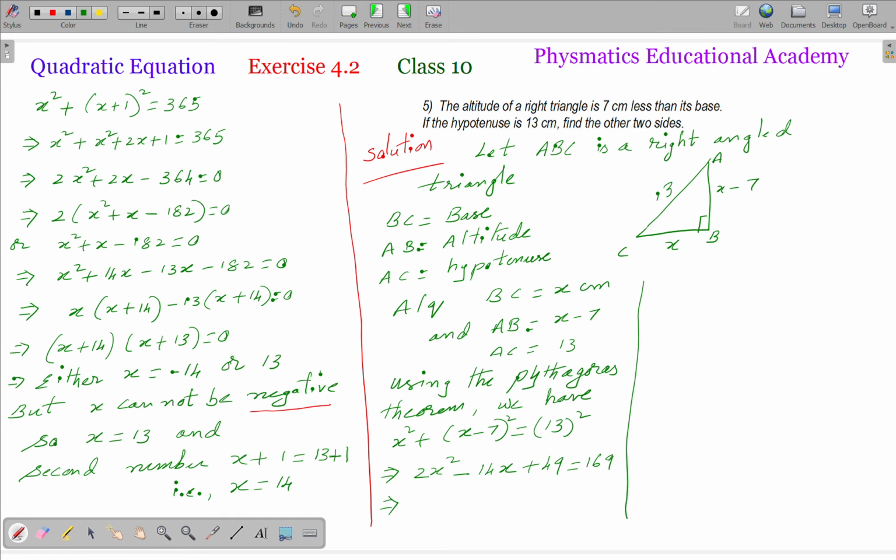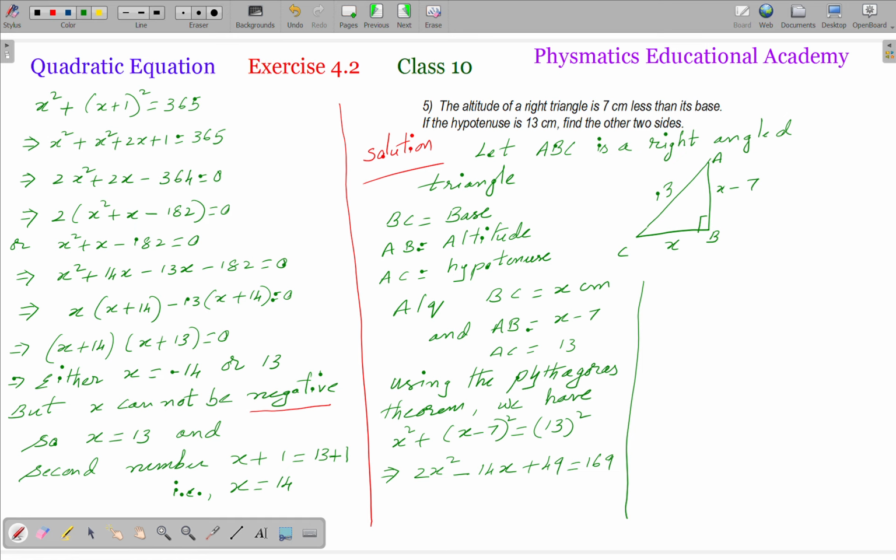That implies, we simplify the above equation.